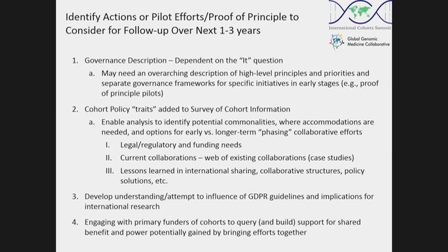And then also a suggestion that we might consider engaging with the primary funders of these cohorts to think about, again, this question of benefit and meeting all of our missions, and talking to them about the cost and resource issues for sustaining these efforts. And might there be ways to generate enthusiasm and even support for this going forward if we brought all the funders together for conversation? Anything else to add?